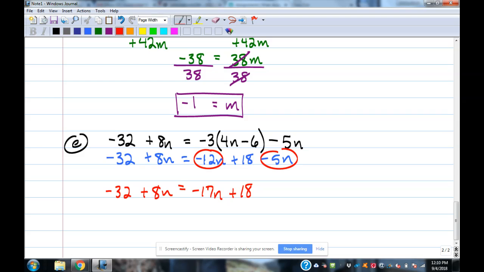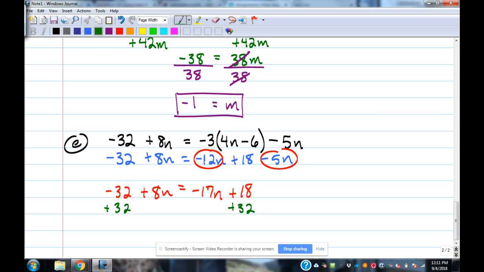You could. You could do that as well. What's another option? I like the plus 32 option. That's the one I'm going to do. Plus 32. The reason I'm going to do that is because now I'm adding 18 and 32.